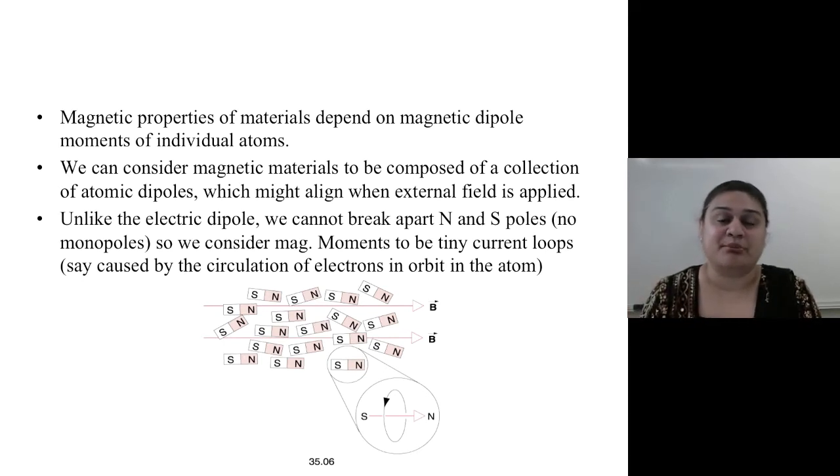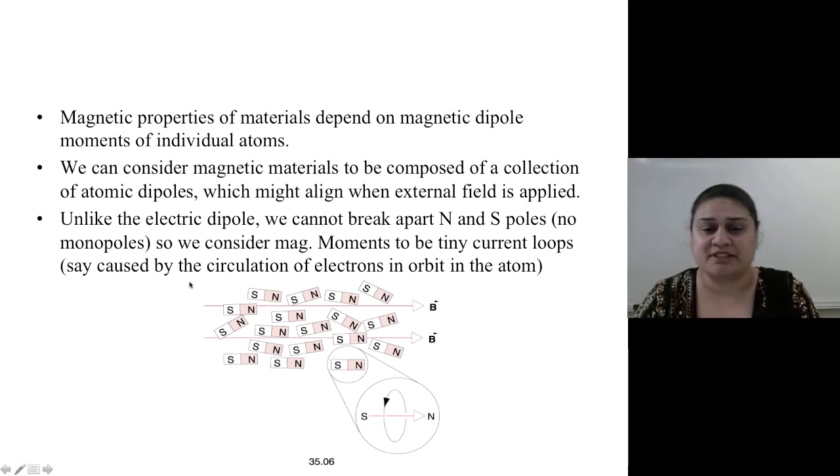Unlike electrical dipoles, however, we cannot break the north and south poles, so no monopoles will exist. So we consider magnetic moments to be tiny current loops inside the material itself, caused by the circulations of atoms while they orbit the nuclei.